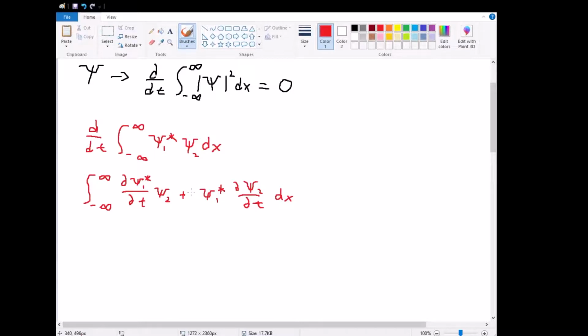The next step in the original proof was converting these time derivatives into position derivatives by taking advantage of the Schrodinger equation. So let's do that as well.